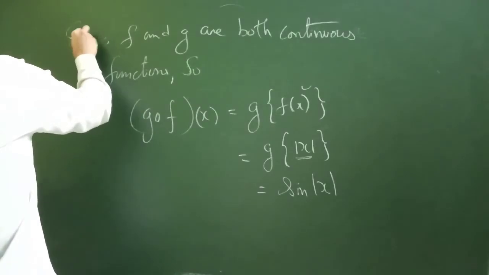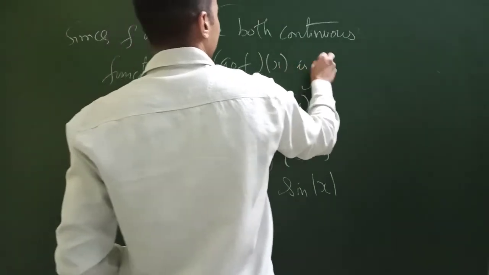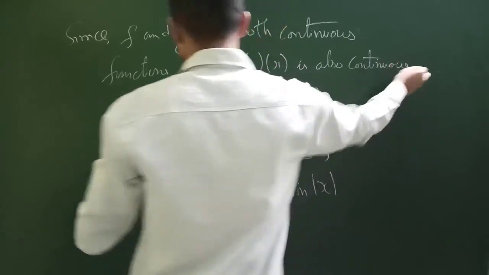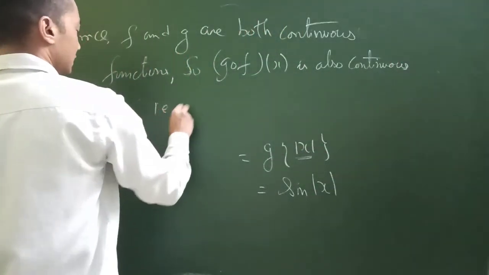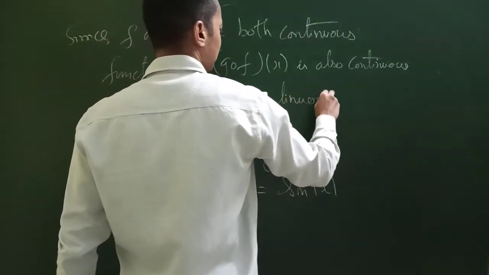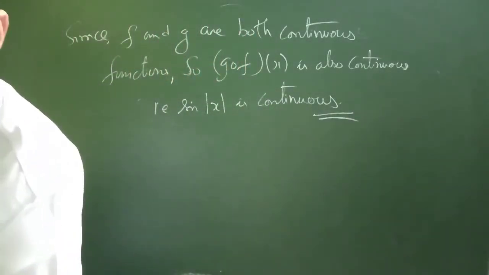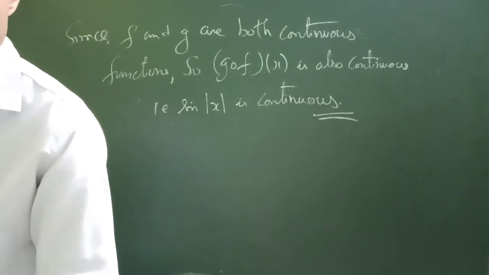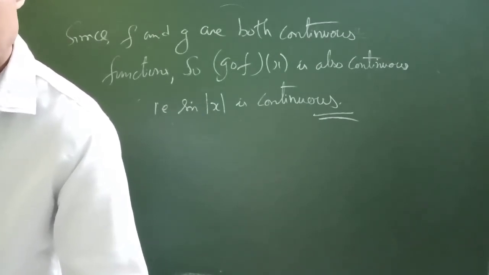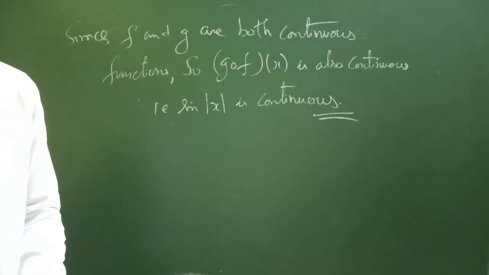So g on f of x is also continuous, and that is, sine of mod x is a continuous function. That's it. Okay, so that is what we mean.